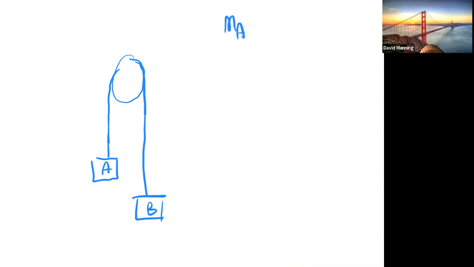The mass of A is, I don't know, 100 kilograms. The mass of B is 65 kilograms. Find the acceleration of the system.